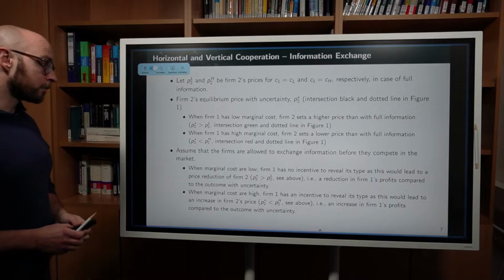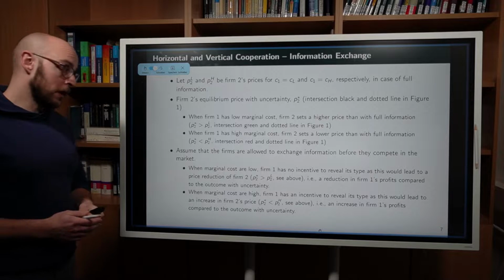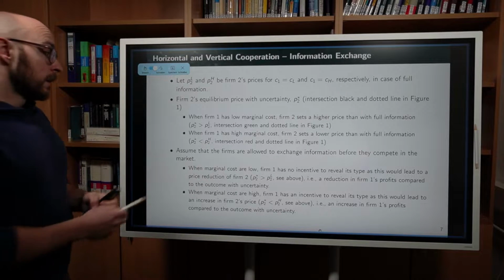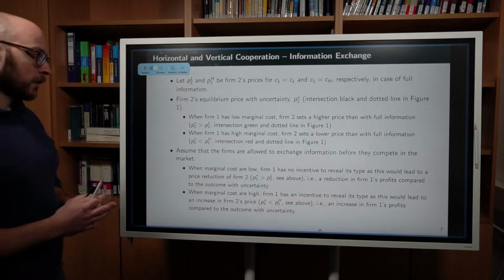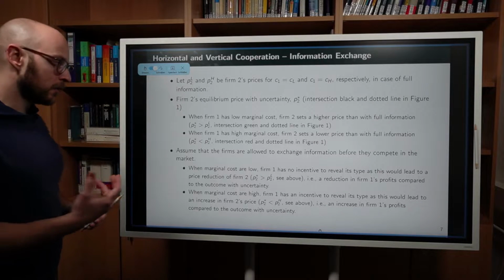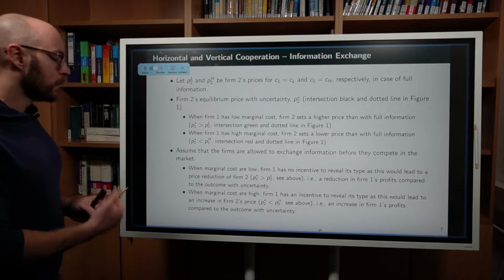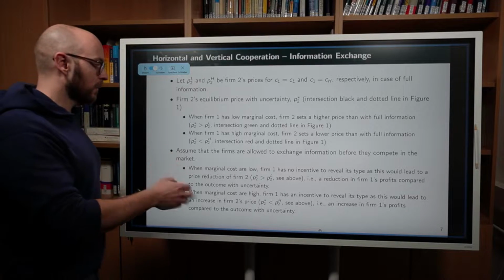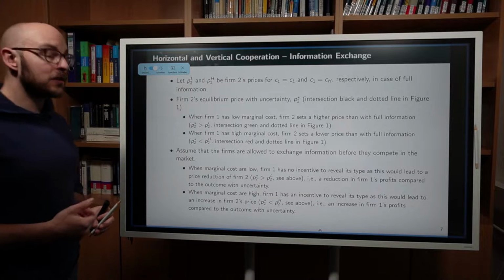Right? Now let us assume that the firms would be allowed to share information. If firm 1 has low marginal cost, then it would have no incentive to reveal its type in a credible way. Why? Because firm 1 benefits from firm 2 believing that firm 1 has high marginal costs.